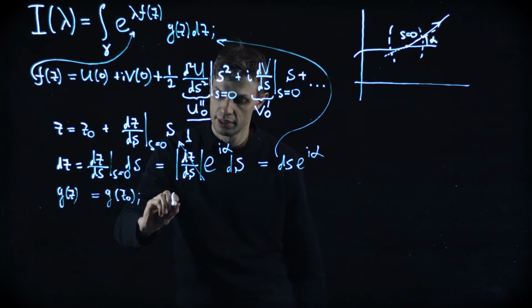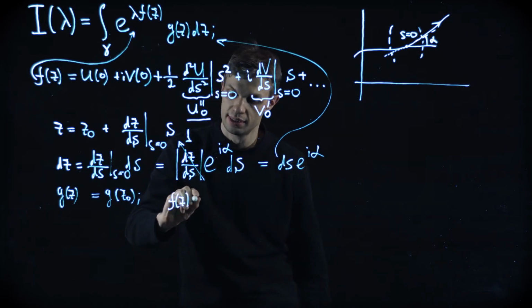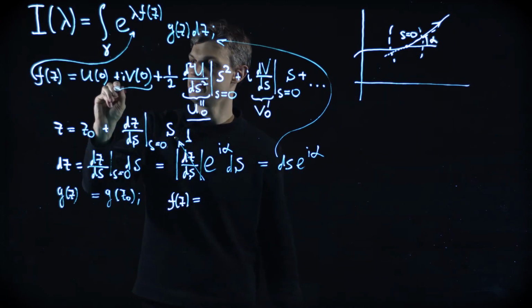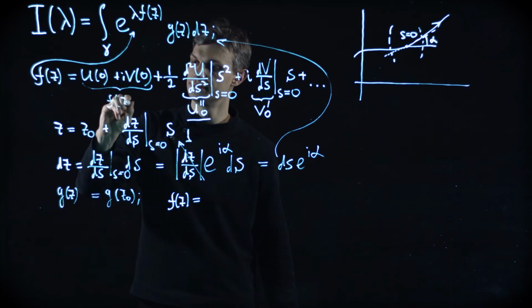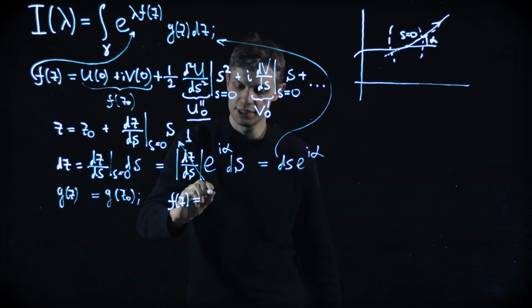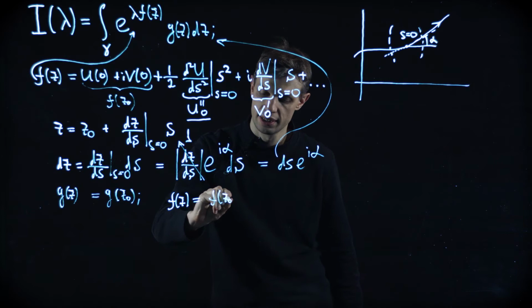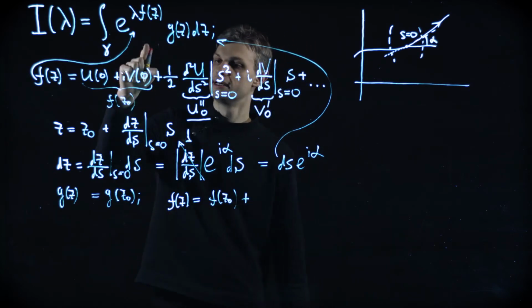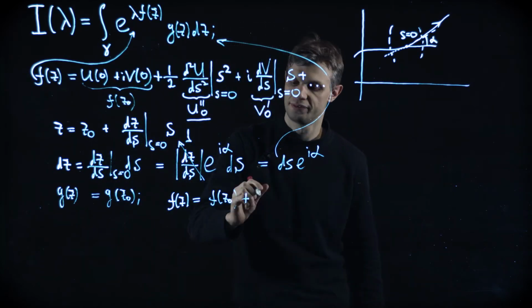So what we do, by the way, this is simply f of z naught. So what we do is just complete it to a full square.